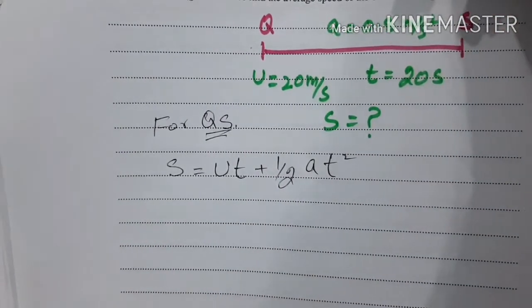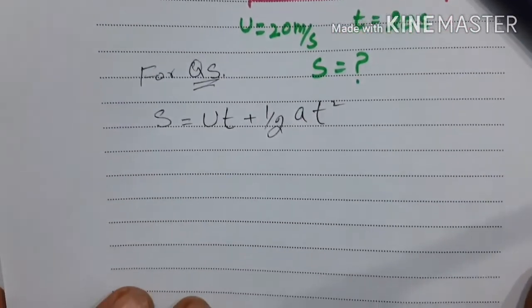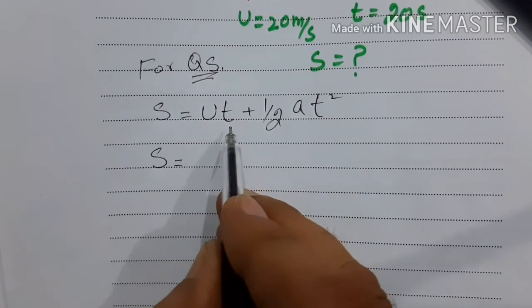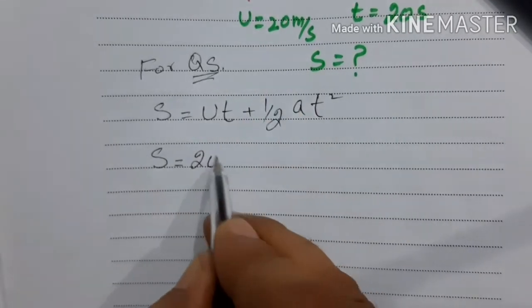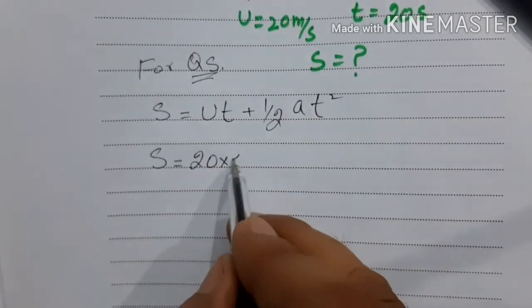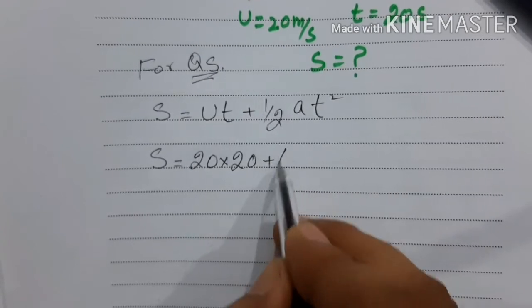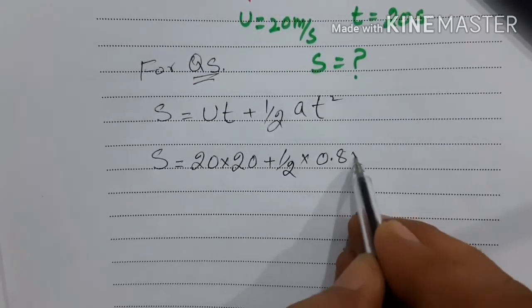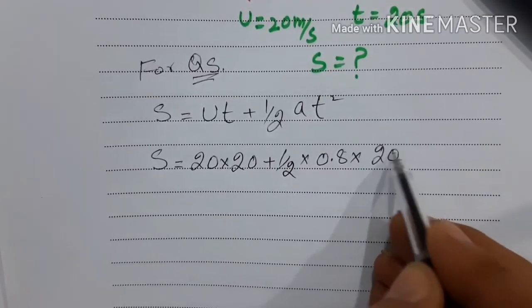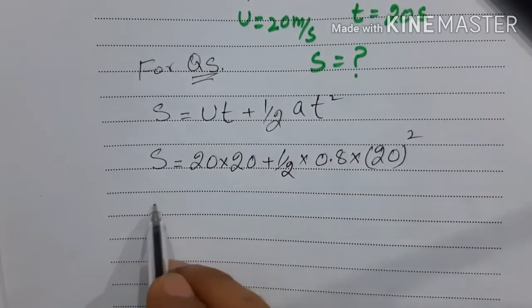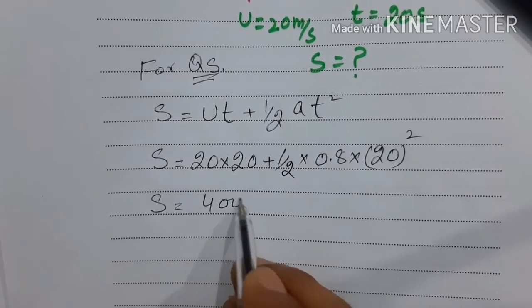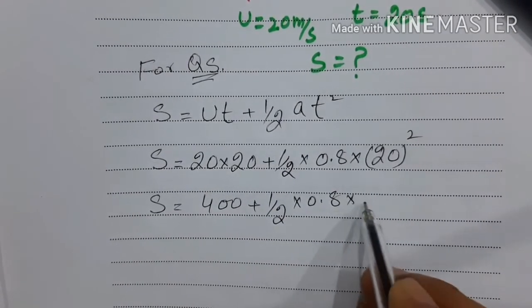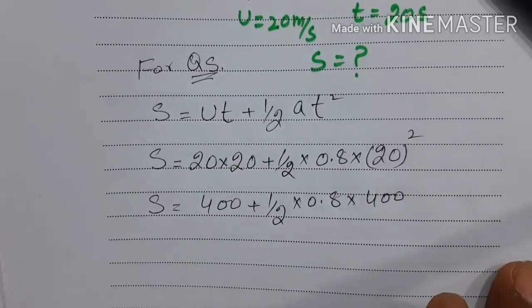Now put the values. S is equal to U, which is 20, times time, again 20, plus 1 by 2, A is 0.8 and T is 20 square. So this will be 400 plus 1 by 2 into 0.8 into 400.